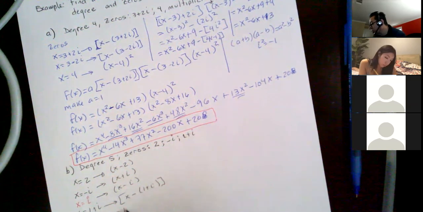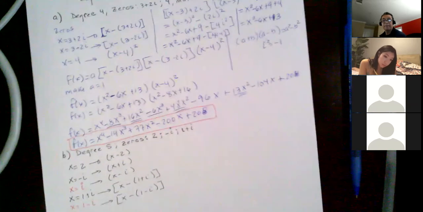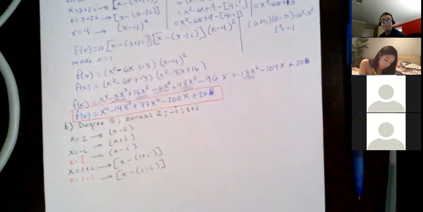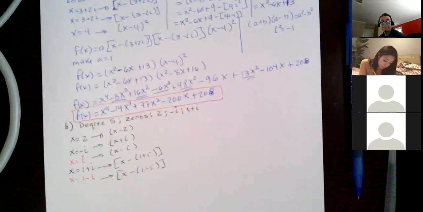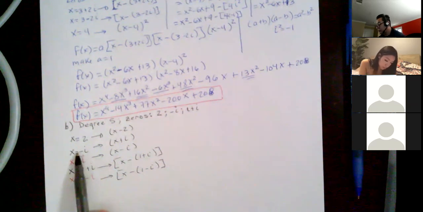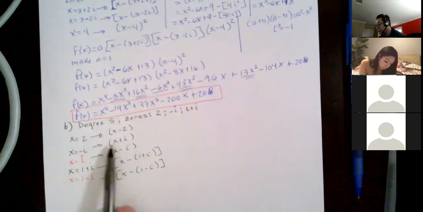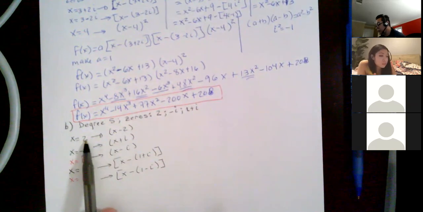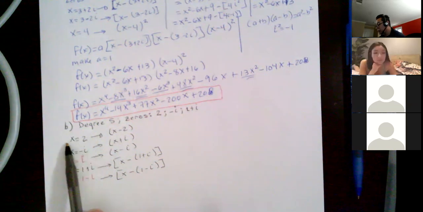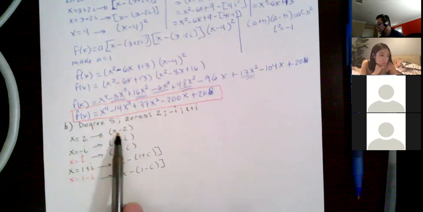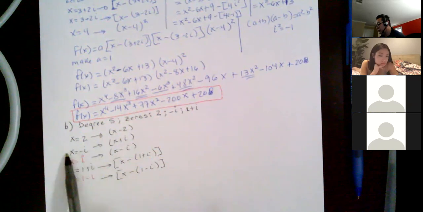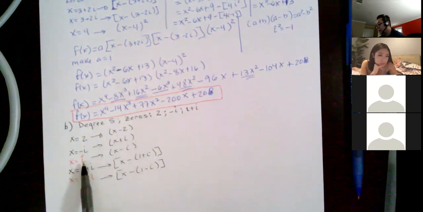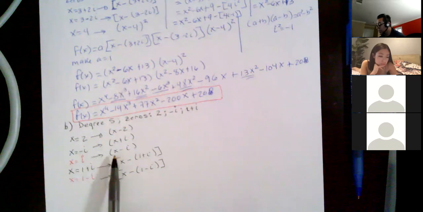And here would be x minus 1 minus i, you guys. Wait, it's x plus i for the negative i? Yes, when you rewrite it, remember that you're moving the 2 to the left. When you move the 2 to the left, it becomes x minus 2. When you move the negative i to the left, it becomes x plus i. If you move the i to the left, it becomes x minus i.